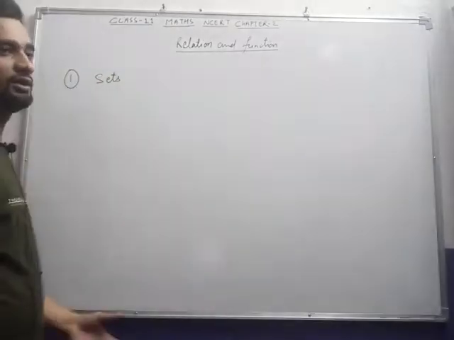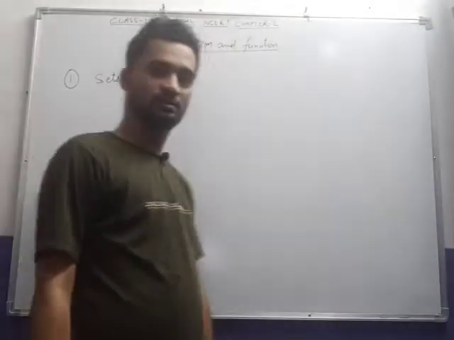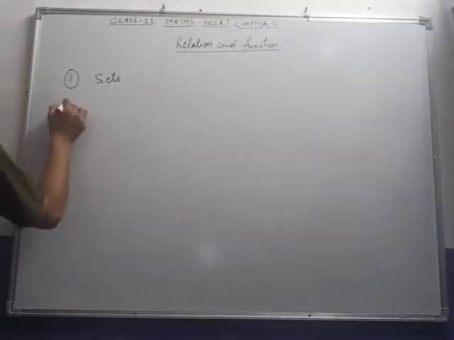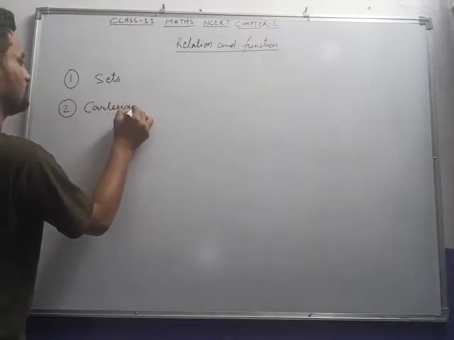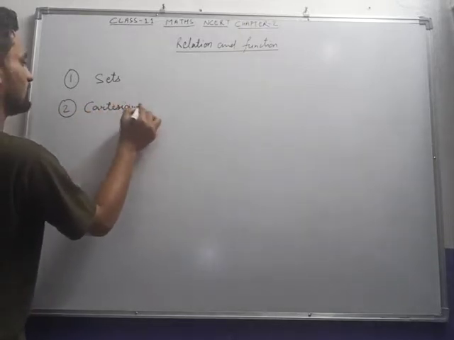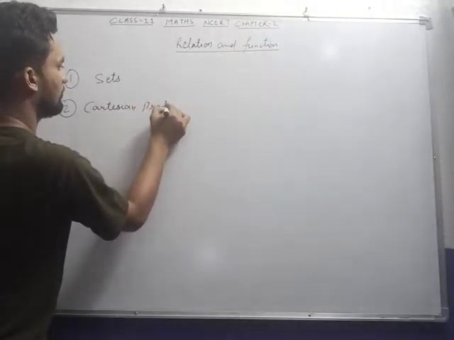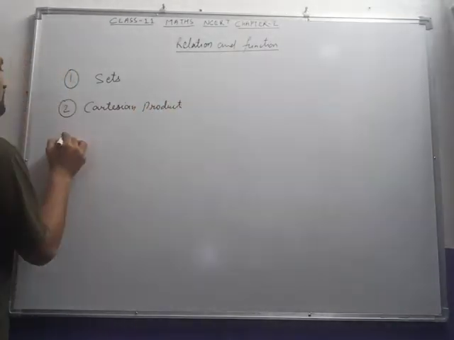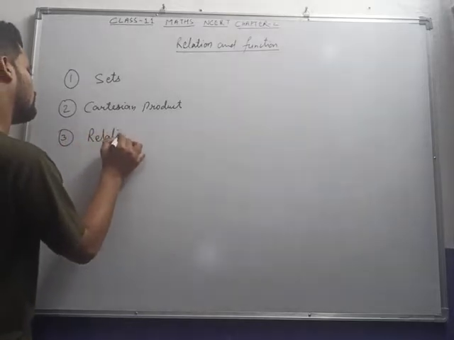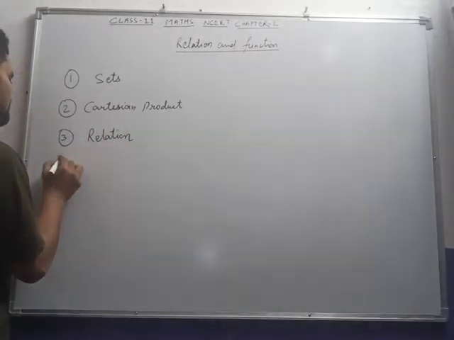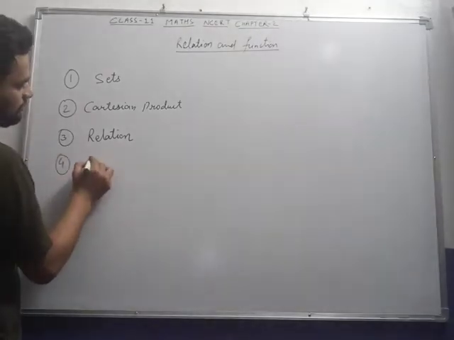We should have deep knowledge about sets in this chapter. Then the second topic is Cartesian product. Then the third topic is relation.